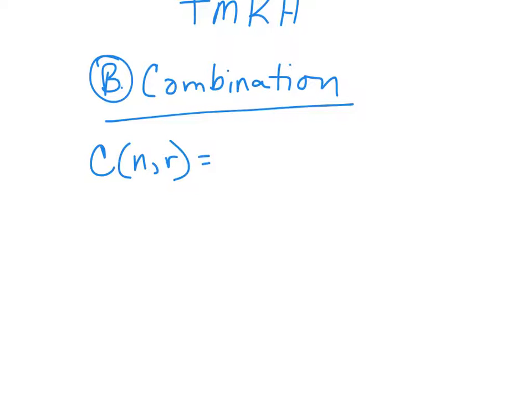Or you can do N and then C and then R, which reads the same way, a combination of N things taken R at a time. The formula for a combination goes like this. It changes a little bit from a permutation. It goes N factorial over R factorial times N minus R factorial.